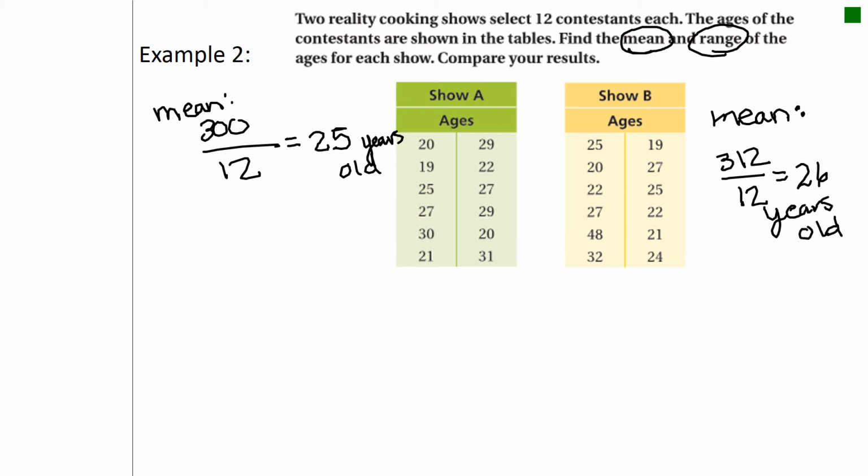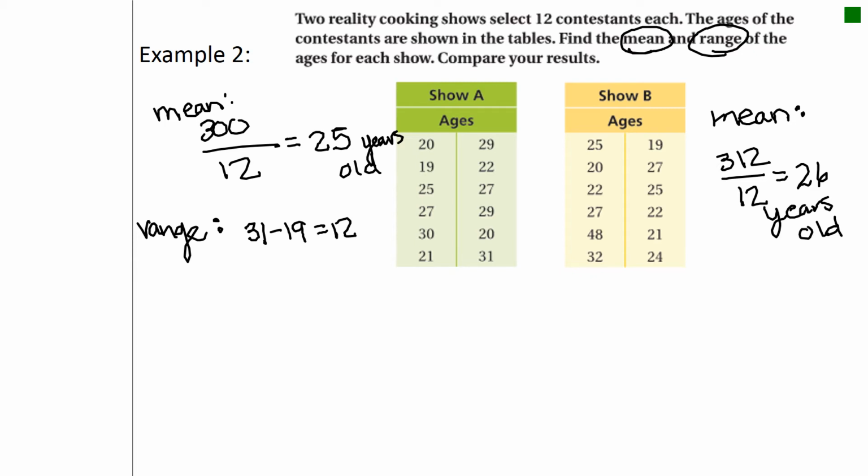Okay, the range. To find the range, we're going to take the highest minus the lowest. So the highest value for show A is 31, minus 19 is the lowest, and that equals 12.